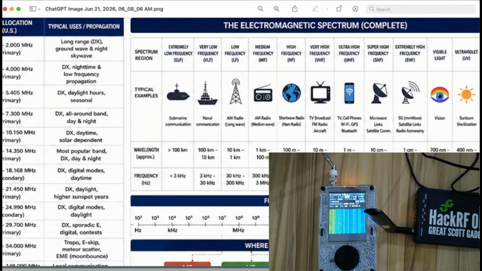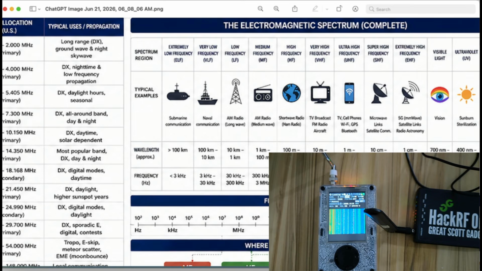So for different purposes, we have different frequencies. We have the extremely low frequency band, which is less than 3 kilohertz, and then you have VLF, LF, and then MF. These are just different spectrum regions. Based on these spectrum regions, you have different frequency allocations.